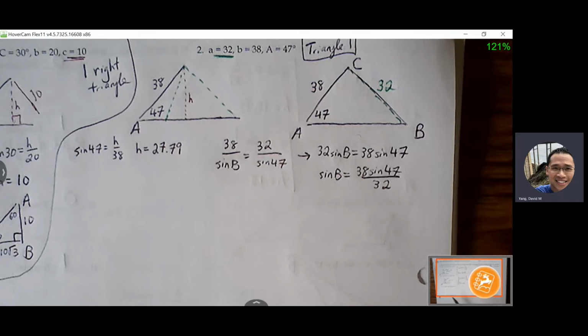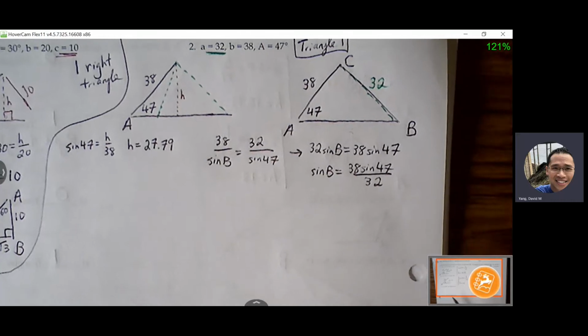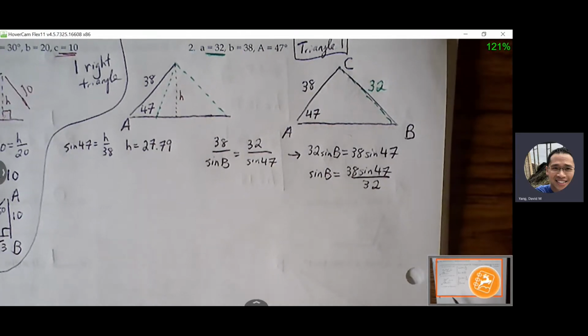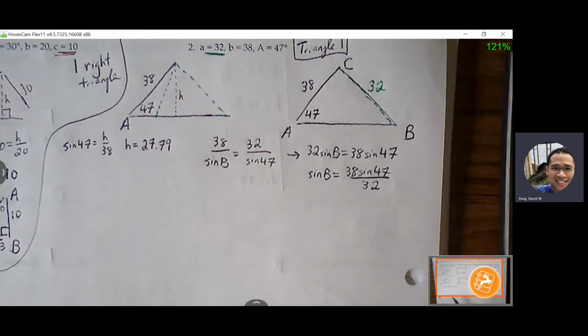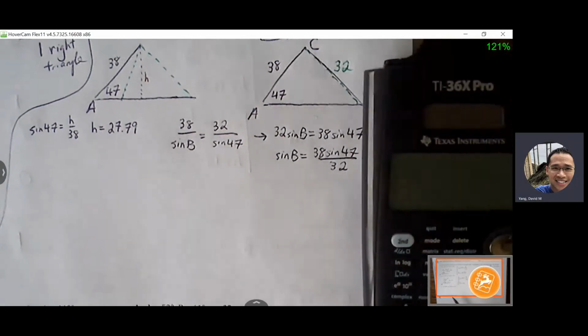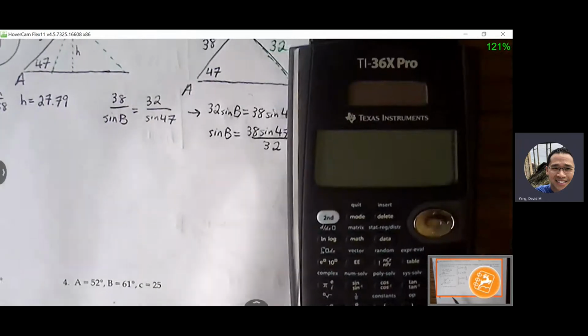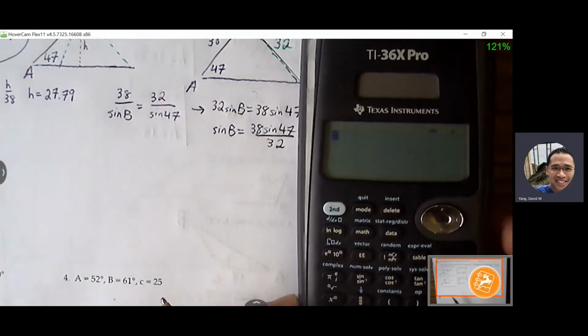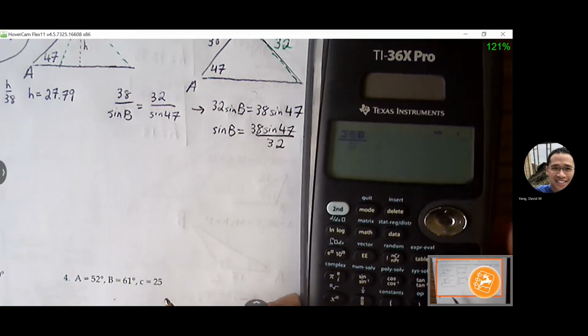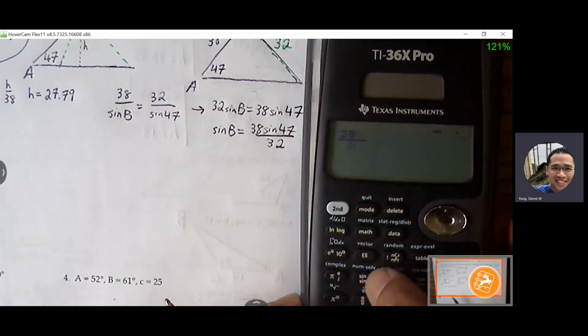I do want to point out something about the accuracy of your angle. So here's a way for us to improve the accuracy of our answer. You're going to enter that 38 over sine 47 in your calculator. Again, make sure you're in degree mode.